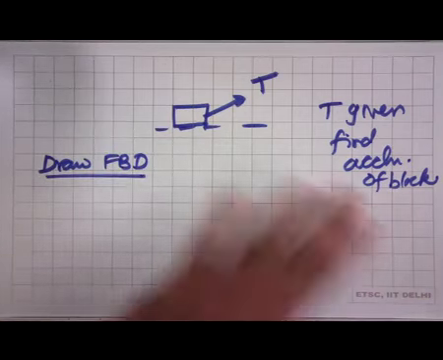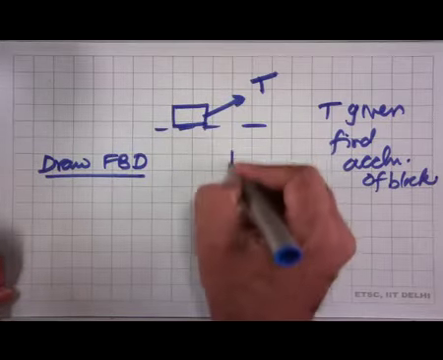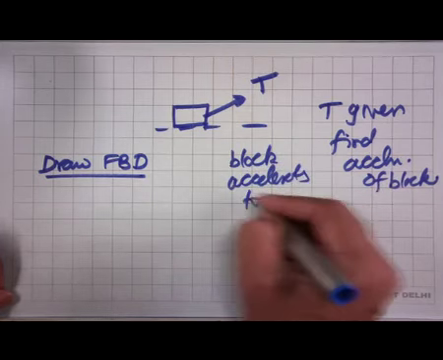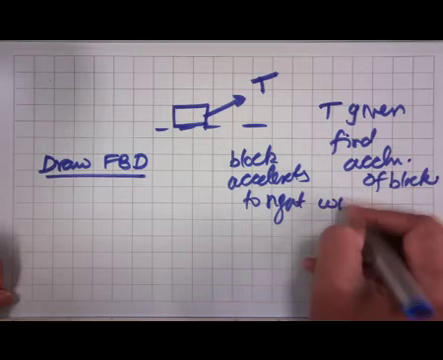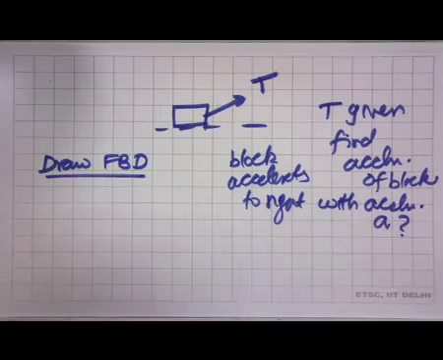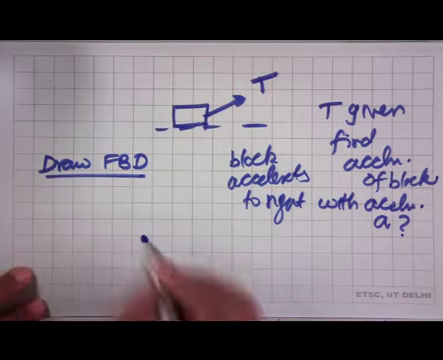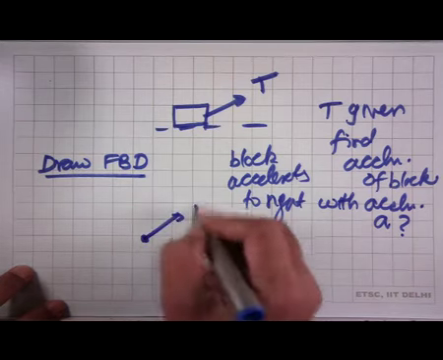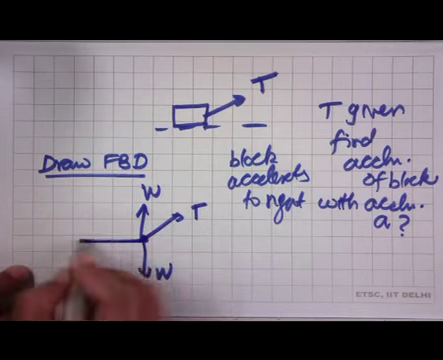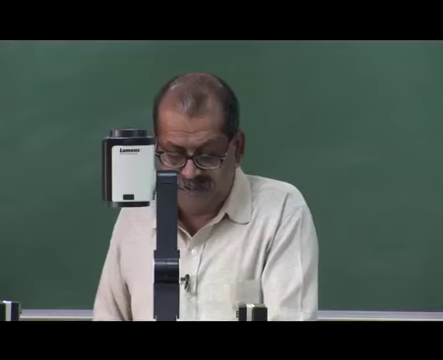So, that means it is given to us in this problem that the block accelerates to the right with acceleration a, and we want to find this. Now, when we draw the free body diagram, we have drawn this again and again. We have T, we have N, we have W, and we have the force of friction. Let us solve this problem.